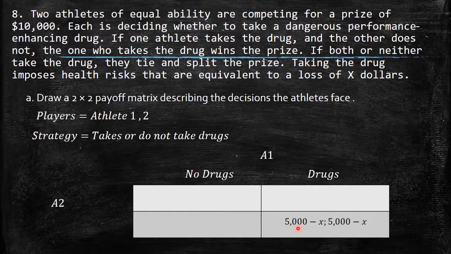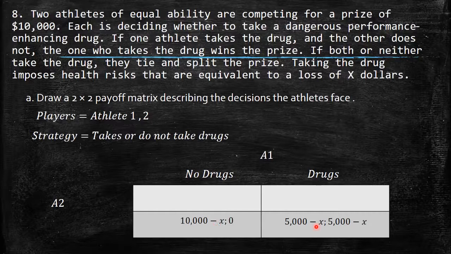So it should be 5,000 each one. But in this case, it's important to clarify that you have a cost, right? Because you will consume the drug and it's going to cause an issue to your health. So for this hazard, it should be minus X, which is the cost or the loss of dollars or the health risks measured in X dollars.